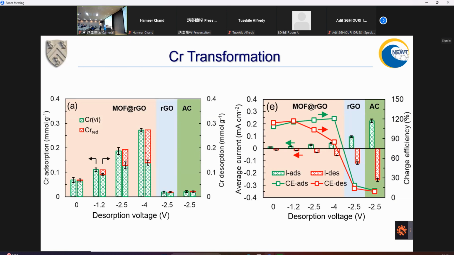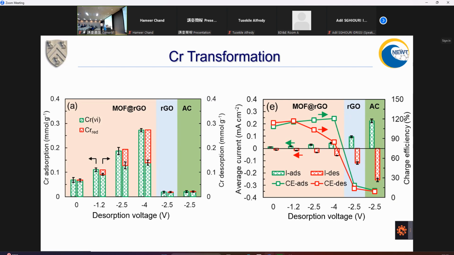Now, if you just use the electrosorption or the CDI process, you still generate a brine stream that has hexavalent chromium, which is toxic, right? So one of the advantages of this process is actually quite similar to what Xiao showed yesterday. You have this chromium-6 fixed on the MOF pore sites, absorption sites. And when you reverse the voltage, the chromium-6 is actually reduced to chromium-3, which is non-toxic.